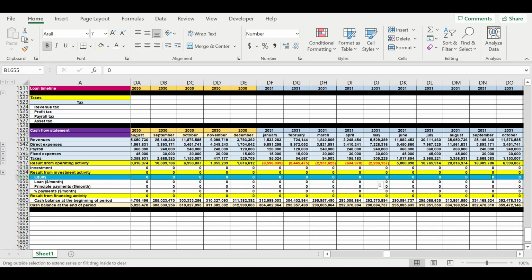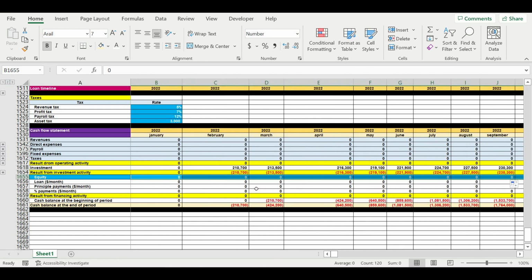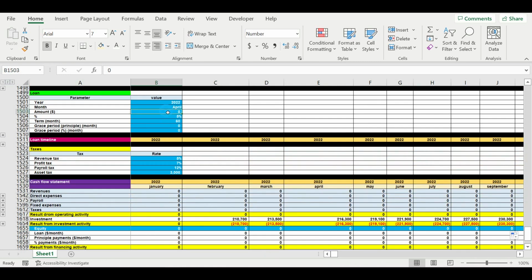But for example, if we have equity plus a loan, the algorithm looks quite the same. For example, we take in February 2022 a loan amount of 15 million. The interest rate will be 5%, for example.